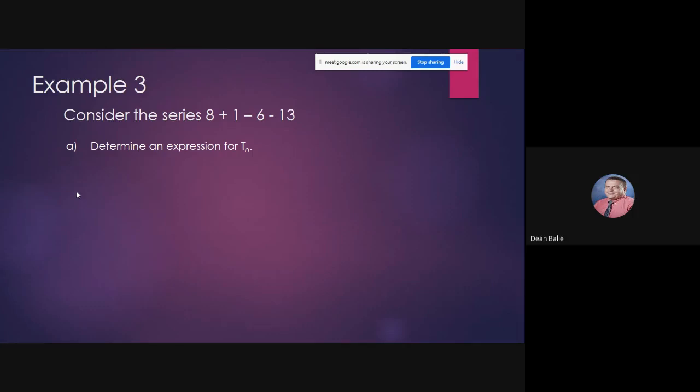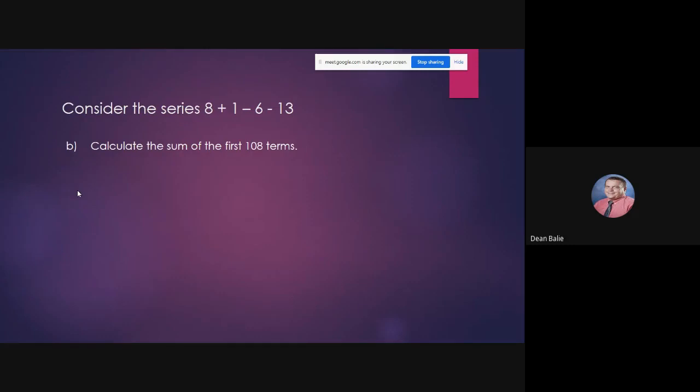Yeah, guys, I'm sorry about this example 3. This example 3 is actually arithmetic, so don't worry about that example 3.